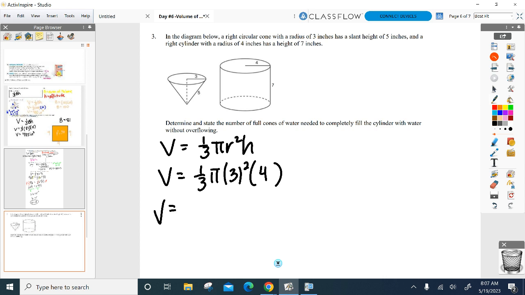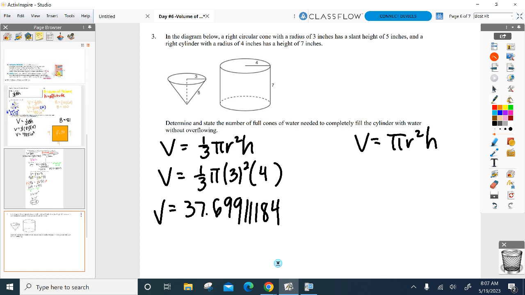And a reminder, this is not our final answer. So as you guys are typing this in your calculator, when you hit that equal sign, we'll write it all out. 37.699. All right, cone from yesterday. Look on the darn formula sheet. It's not something you got to struggle with memorizing. Pi r squared times the height.